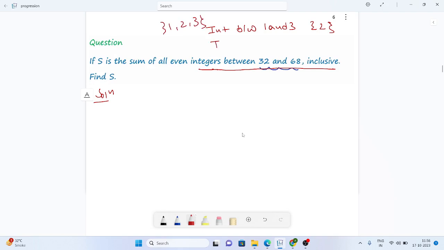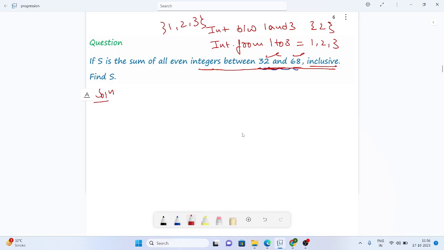And if I ask integers from 1 to 3, the answer is 1, 2, 3. But here it will be confusing sometimes. Between 32 and 68 inclusive means these two numbers are also included in the sequence.